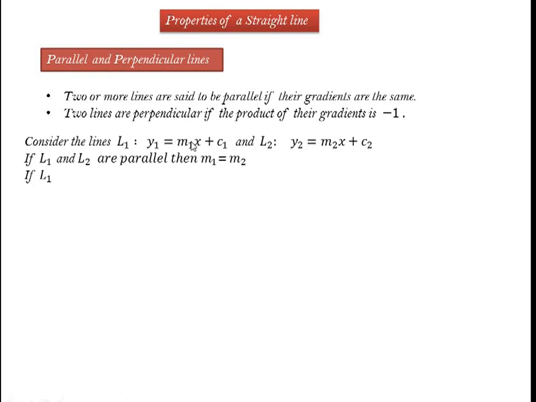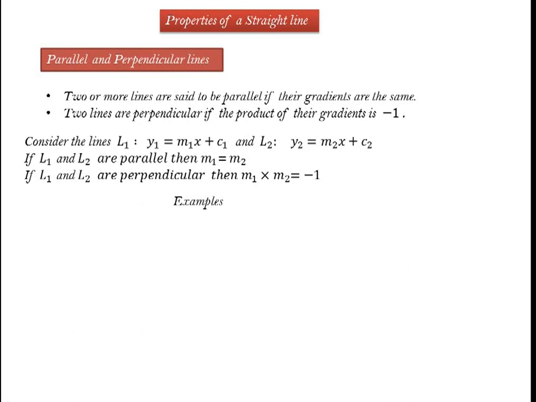And if they are perpendicular, it means m1 times m2 will be equal to -1. If they are perpendicular, m1 times m2 is -1.